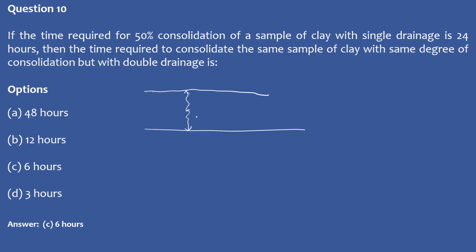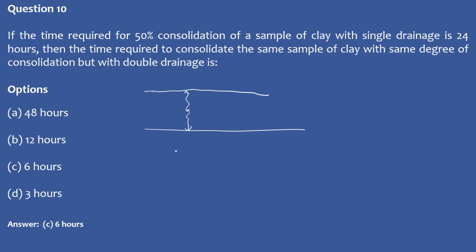If it travels both ways, we call it double drainage. And if it only travels either above or below, then we call it single drainage.